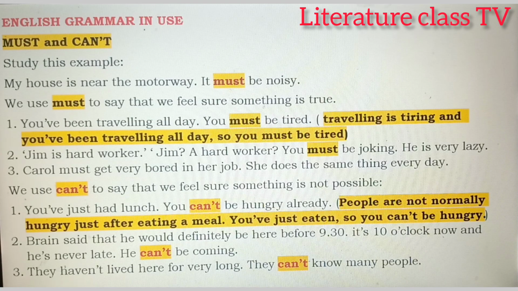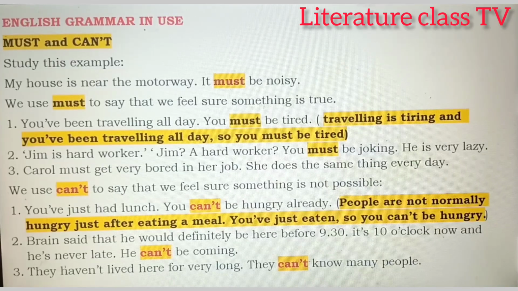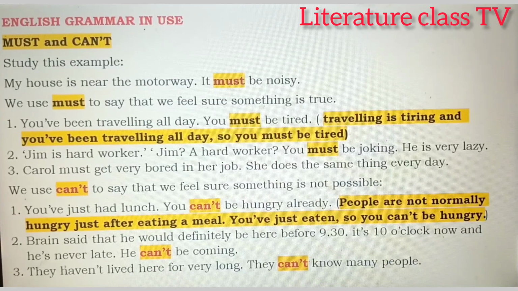I think that, my friend, we are together. We are discussing the use of must and can't in our spoken language. Another example. Brian said that he will definitely be there before 9:30. It's 10 o'clock now and he is never late. He can't be coming.